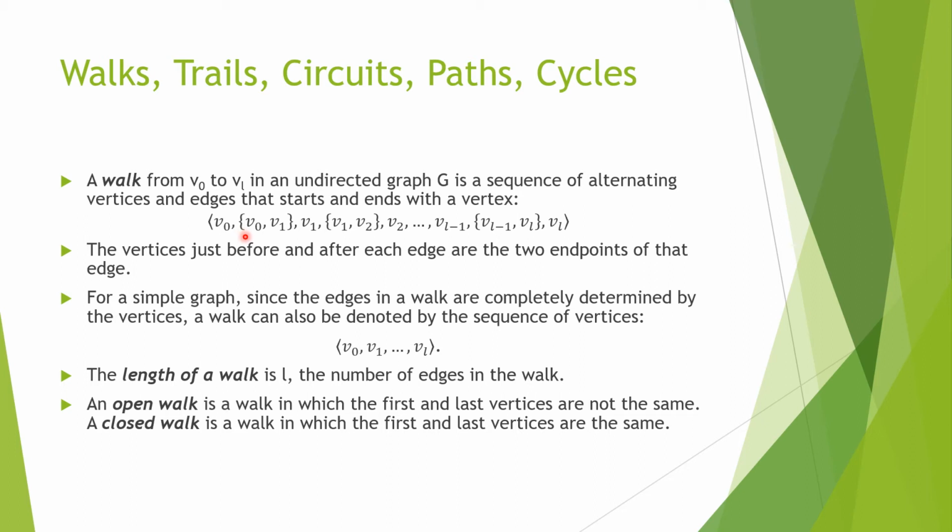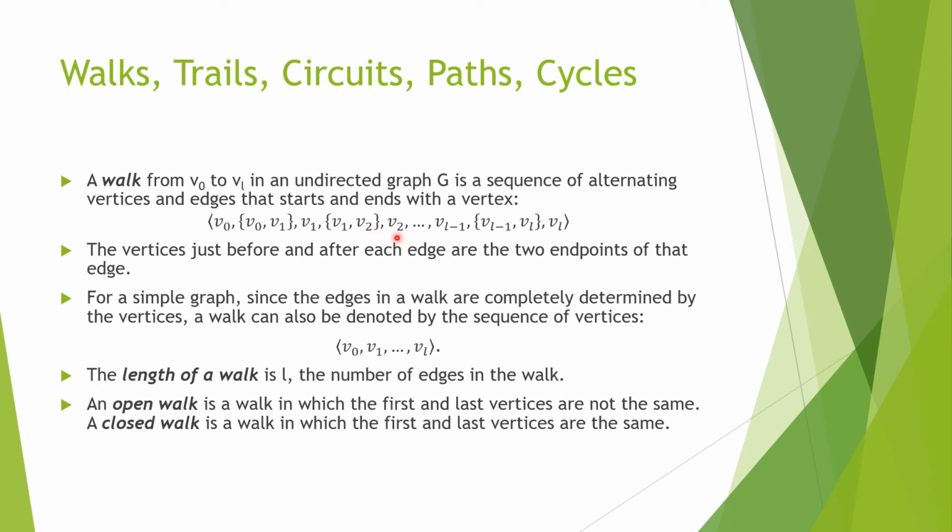The edge after V0 connects V0 to V1. Then we have a vertex V1. Then we have an edge starting from V1 ending at V2. Then we have vertex V2.